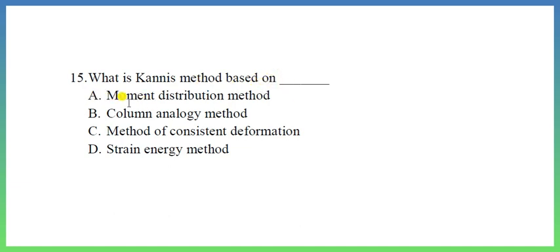Option A, moment distribution method, B, column analogy method, C, method of consistent deformation, and D, strain energy method. So option A is the correct answer, that is moment distribution method. Kani's method is based on the moment distribution method.